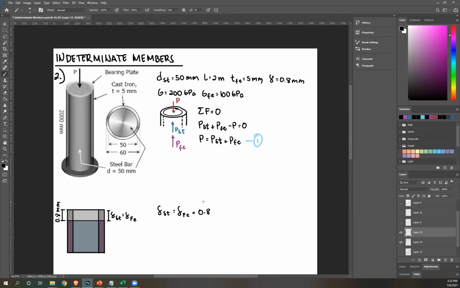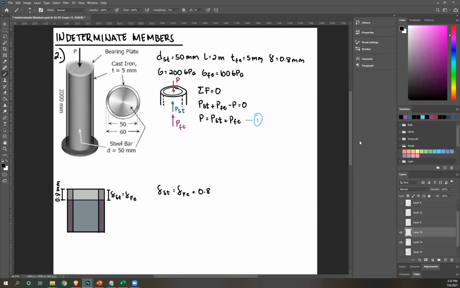We're looking for force. So the equation for deformation that we'll use is what? Can anybody give me what equation for deformation I should use? There's only basically two. I already used the other one. What should I use here? Equation for strain.